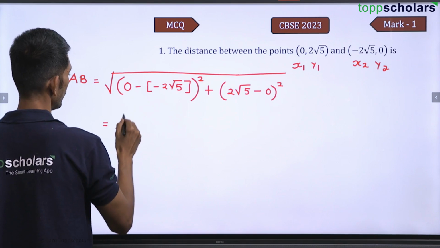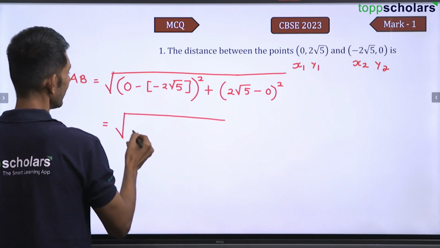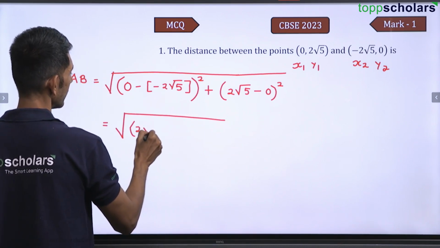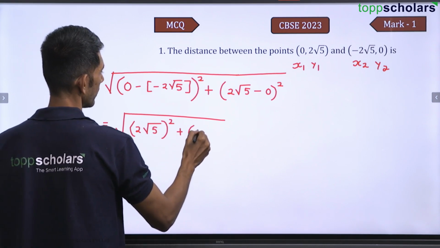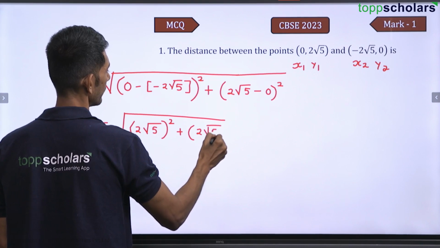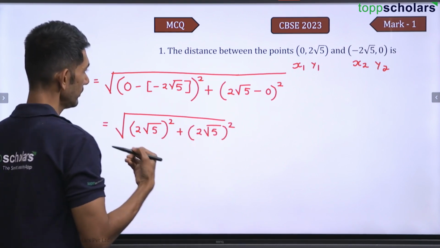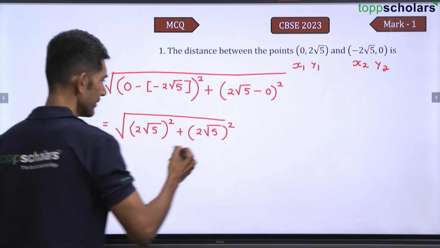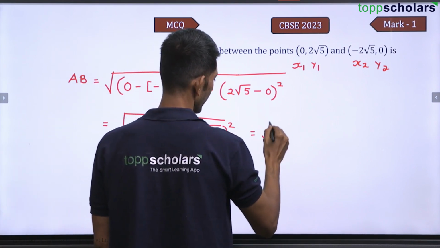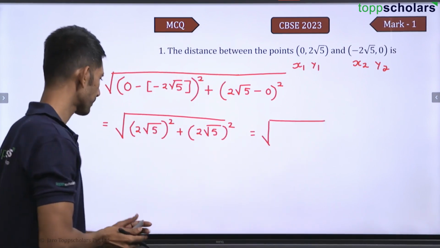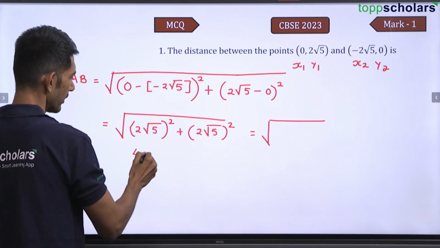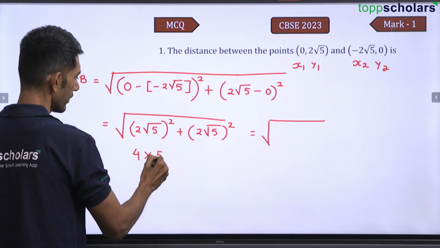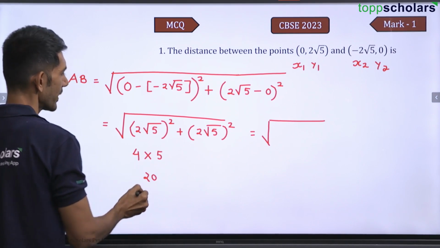So this is equal to under root, this anyways becomes 2 root 5 the whole square plus 2 root 5 the whole square, isn't it? That is equal to under root 2 square is 4, correct? Into root 5 square is 5, and 4 5s are 20.